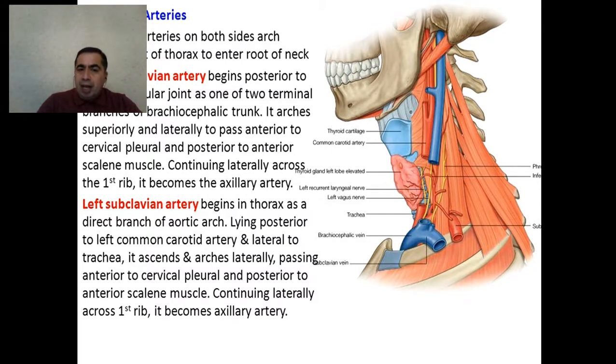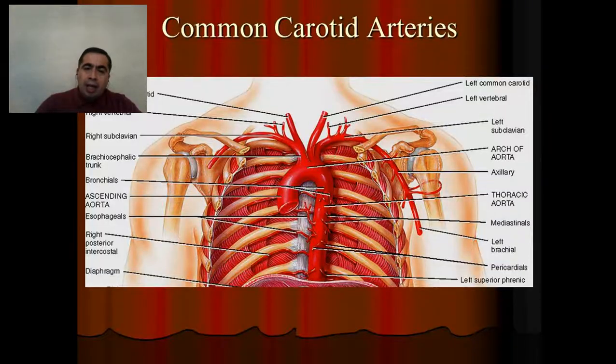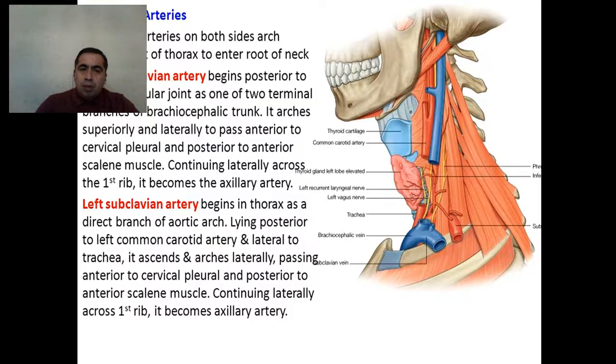Looking again at this picture, the right subclavian artery originates from the brachiocephalic trunk, the left one from the aortic arch, and both are located in the interscalene space with the brachial plexus.